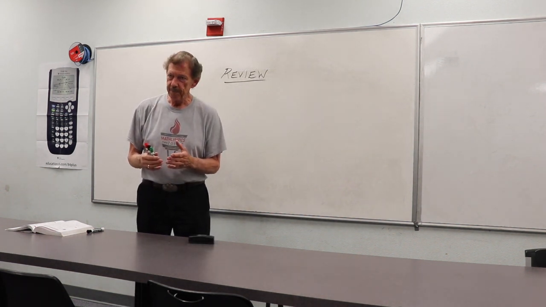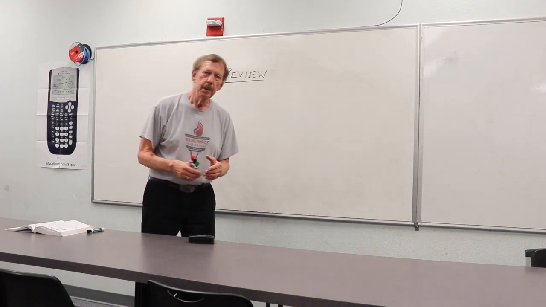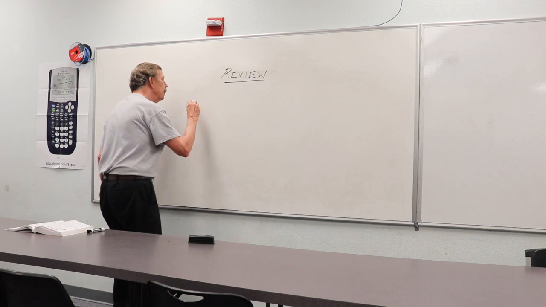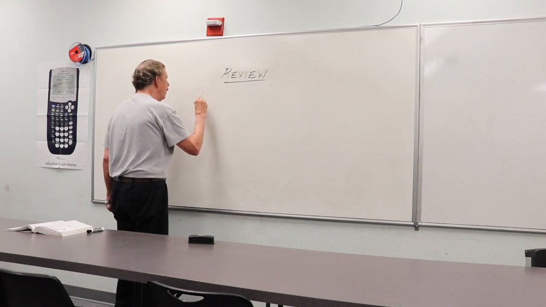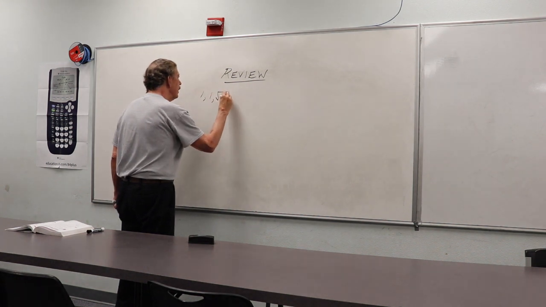Let's do a review of the common Pythagorean triples. These are the triples that you're likely to see in many cases. 1, 1, square root of 2.